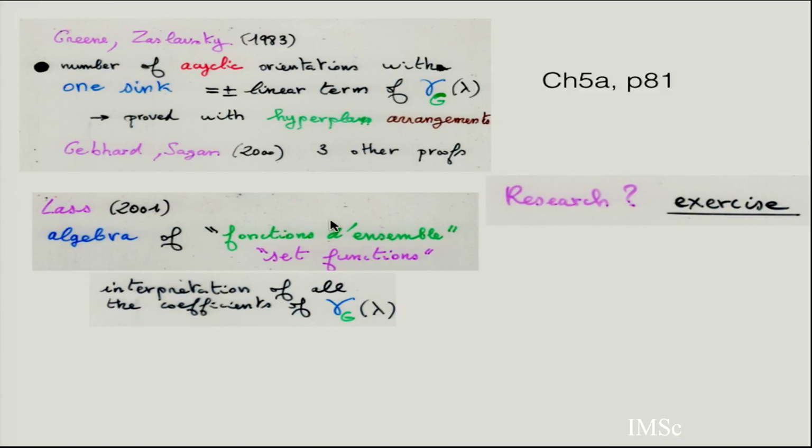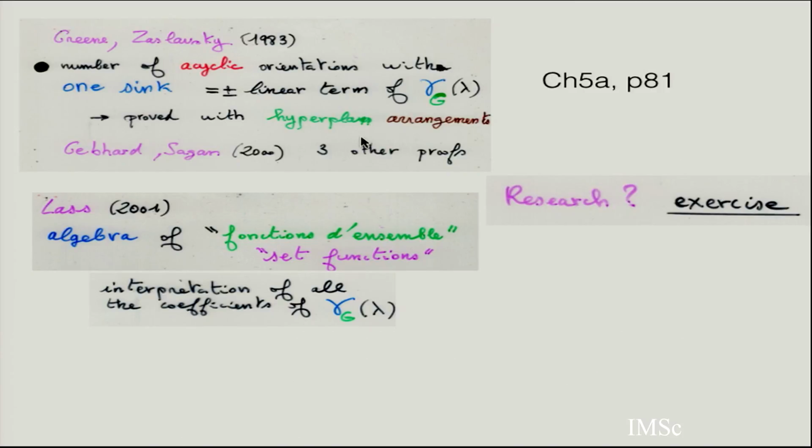It's an algebra of functions where the square of a variable is 0. So it's related to the Grassmann algebra that we have seen. But he gives an interpretation not only of the linear term, but of all the terms of the polynomial. He gave some interpretation as the number of components of the acyclic orientation, in a certain way.